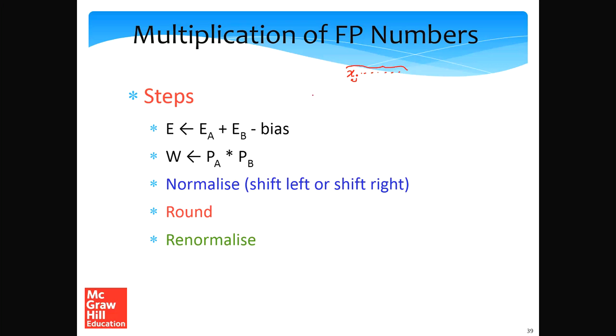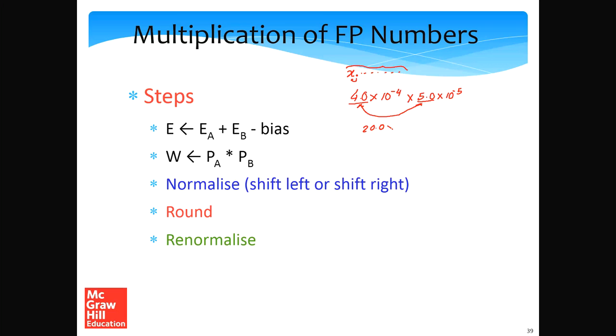We can multiply two numbers of the type 4.0 times 10 to the power minus 4, and 5.0 times 10 to the power minus 5. What we would do is first multiply the two significands, 4 and 5, which gives us 20.0.